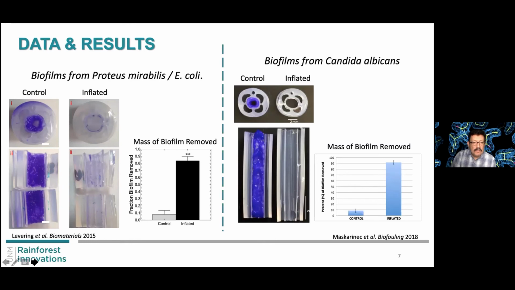But if you inflate it a few times, you can dislodge that biofouling very effectively at flow rates commensurate with the drinking of a large glass of water. You see that for both the bacteria and the yeast biofilm, which actually have very different structures that I'm not showing here.